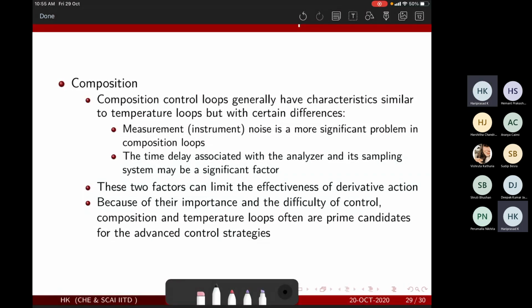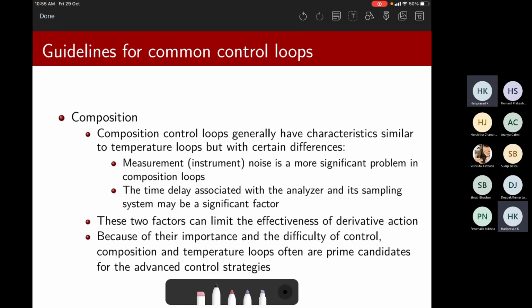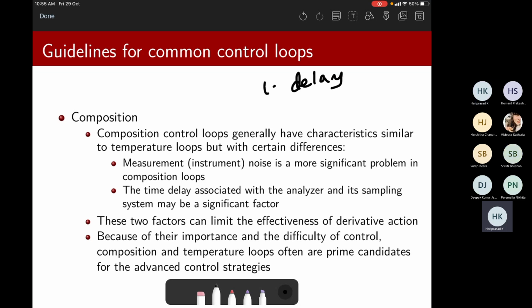And composition. Composition is the most tricky variable to measure. Why? Because there are two things. One is that it would result in a lot of delay, because unlike temperature or pressure, concentration is a slow variable, and you require some sort of chromatograph kind of composition measuring instrument to measure this.